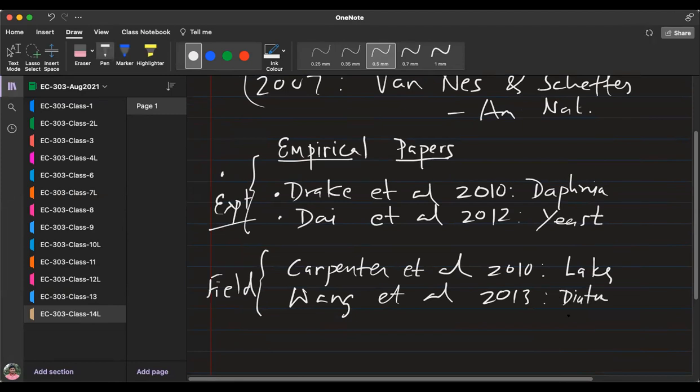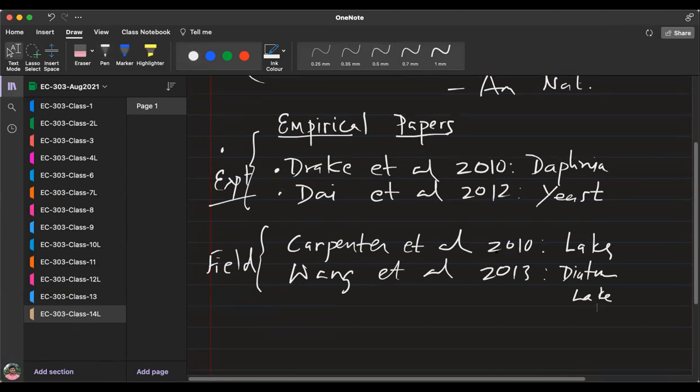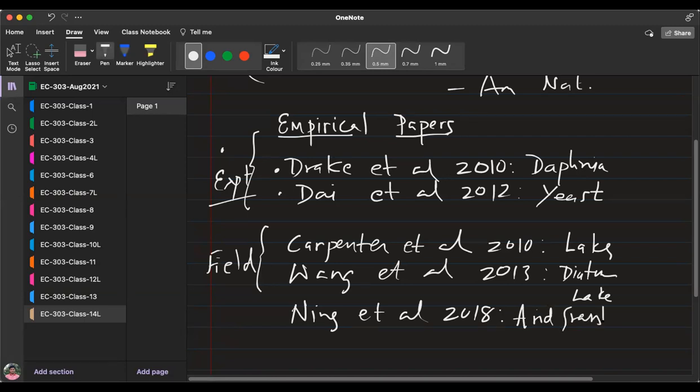It's still about lake regime shifts. And then there is a paper that uses semi-arid grasslands, in fact arid grasslands, if I'm right. So you can see there is a diversity of papers available.